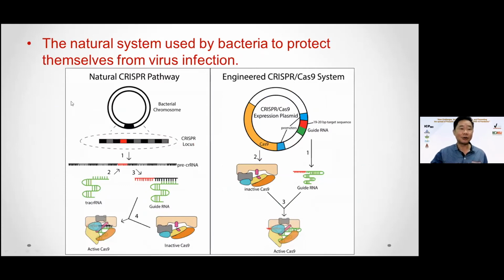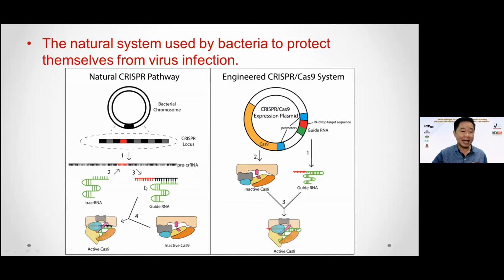So like I told you before, CRISPR-Cas9 is a natural system of bacteria to protect themselves from viruses. In nature, when a virus infects the bacteria and goes to the chromosome, the bacteria will produce a guide RNA to recognize the DNA of the virus.